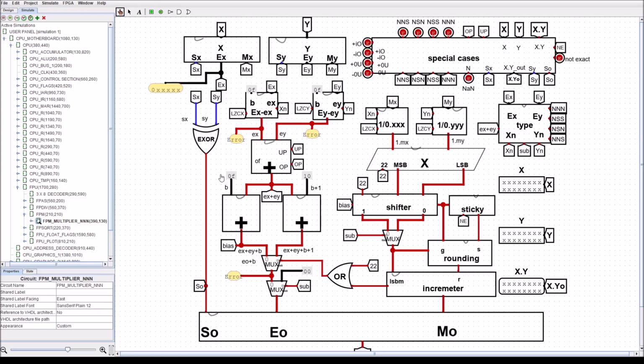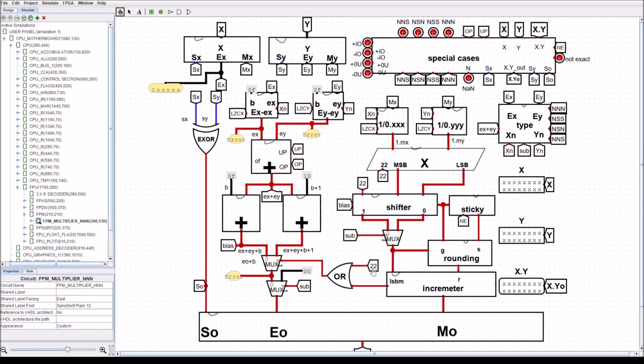The one on the left hand side is just the bias, and the one on the right hand side is the bias plus 1. And again we've got the choice of these exponents. So one of these exponents, the one on the right hand side, will be 1 larger than the one on the left hand side. And we make this choice.